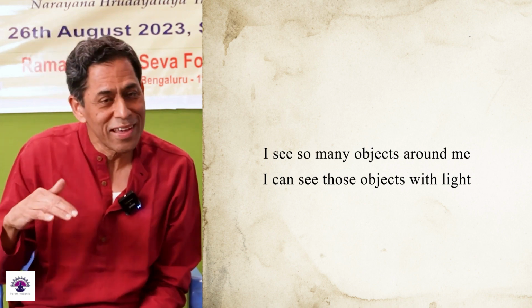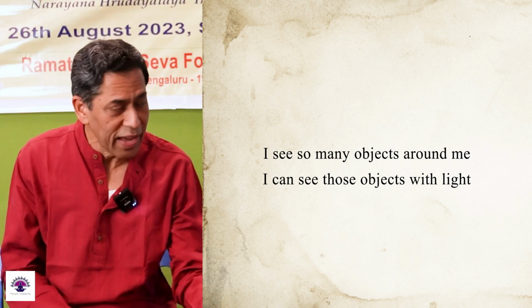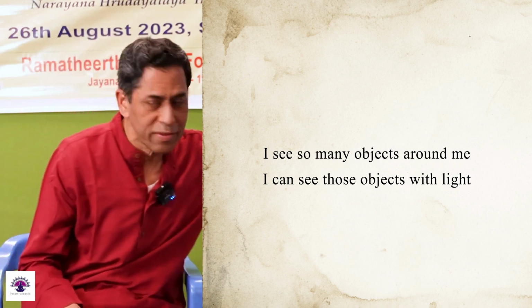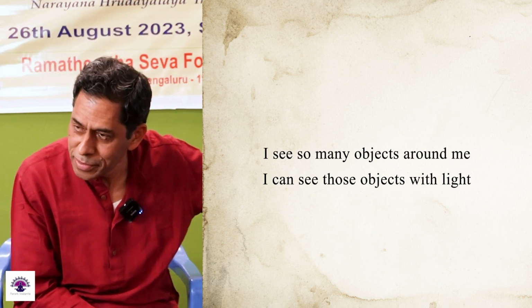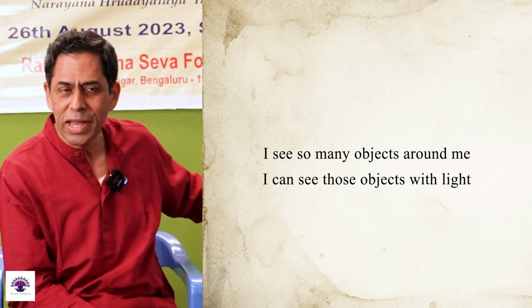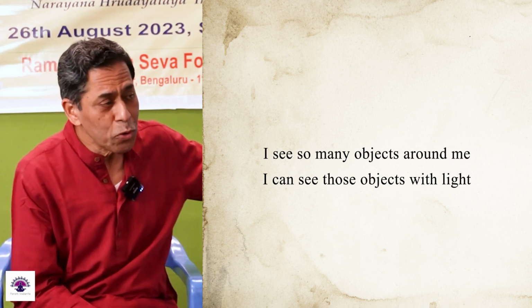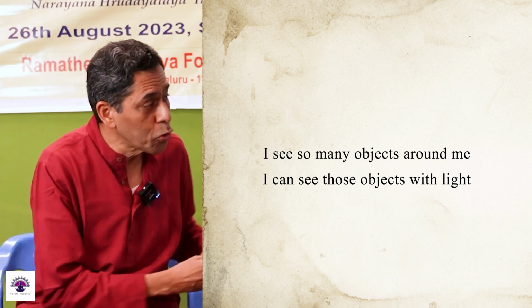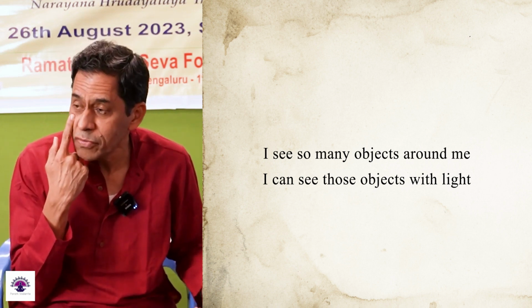That is why this is an enlightenment shloka. Because there is light on this Ramatirtha photograph, I am able to see Sri Ramatirtha. So every object I am able to see because of light on that object. I am able to see that photograph not only because there is light on that object, but also because my eyes are functioning.